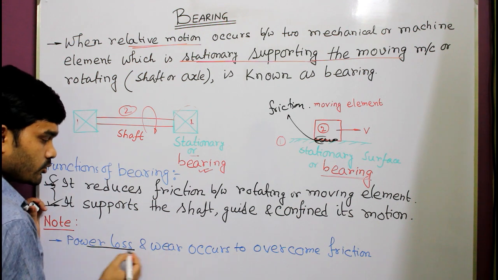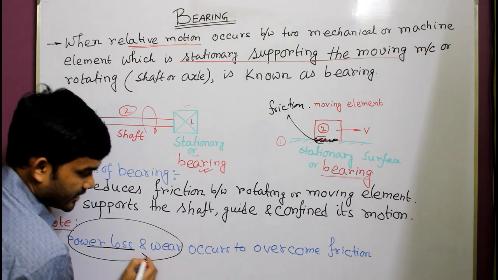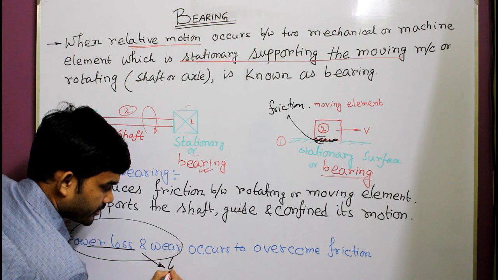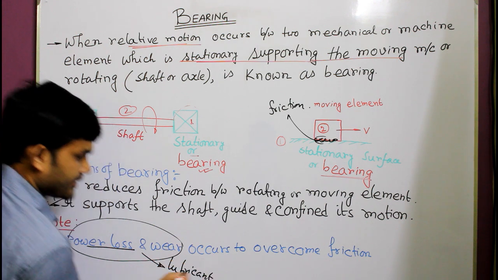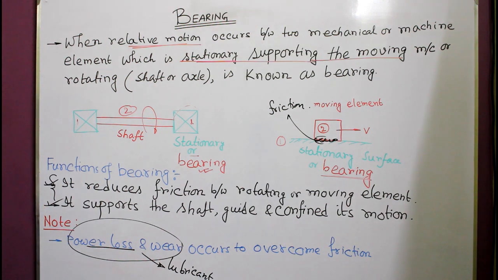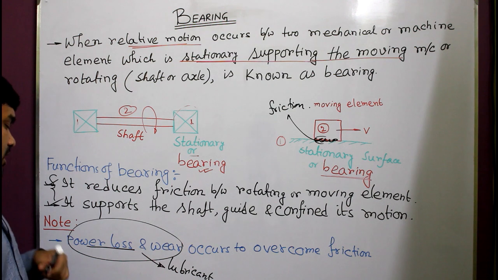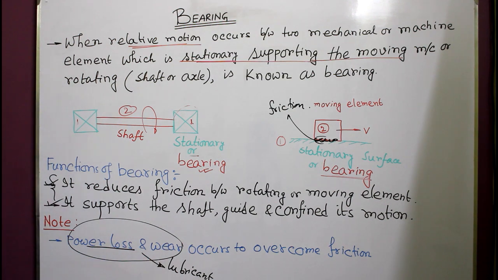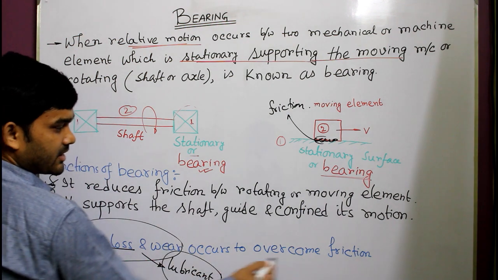If we want to reduce the wear as well as the power loss, we need to use a lubricant. So whenever there are bearings, we use lubricant to reduce power loss as well as wear. We have seen that lubricant is used to overcome friction.